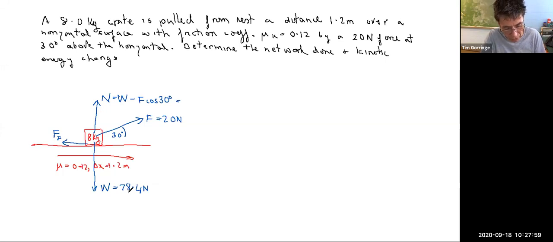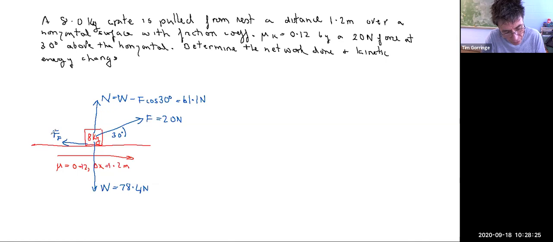So if you subtract from the weight of 78.4 newtons, this help that's provided by the force F, you get a normal force that's actually 61.1 newtons. So it is indeed less than the weight.